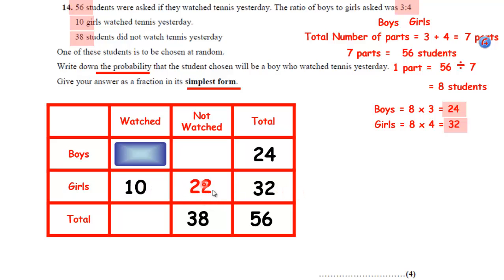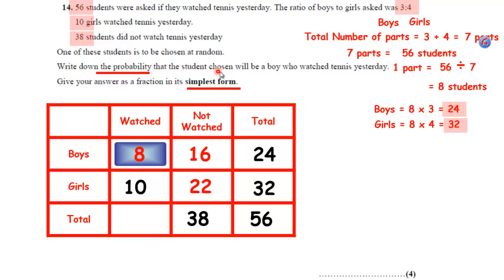So that number there must be 22. Up here, the number of boys who did not watch tennis, okay, so that plus 22 would give me 38. 38 take away 22 is 16, so that goes there. And something plus 16 is 24, so 24 take away 16, that gives me 8. 8 boys watched tennis yesterday.